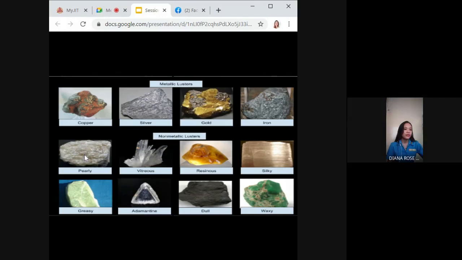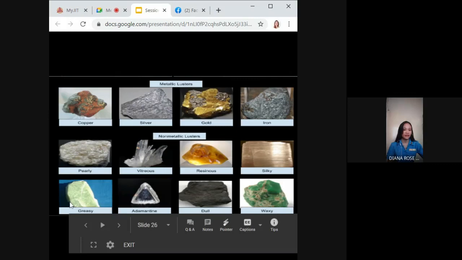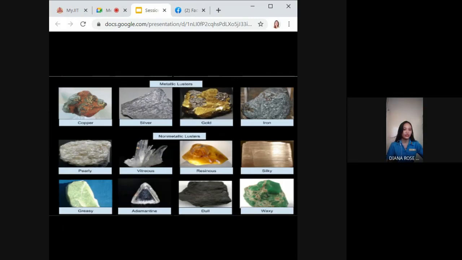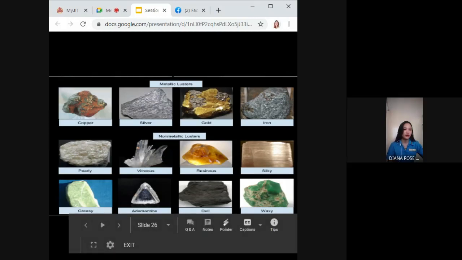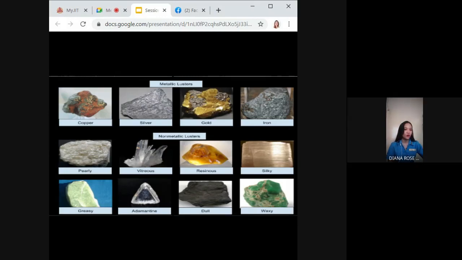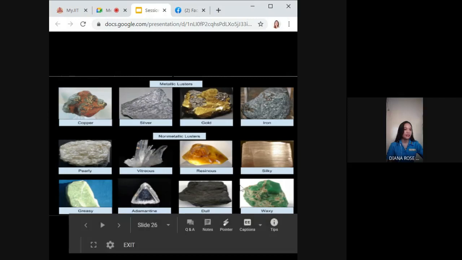We have pearly, also known as mother of pearl, and then vitreous, also known as glassy, and then resinous, also known as resin-like, and then greasy or oily, and then adamantine, which is brilliant or diamond-like, and then dull, also known as earthy, and last but not the least is waxy, also known as wax-like.